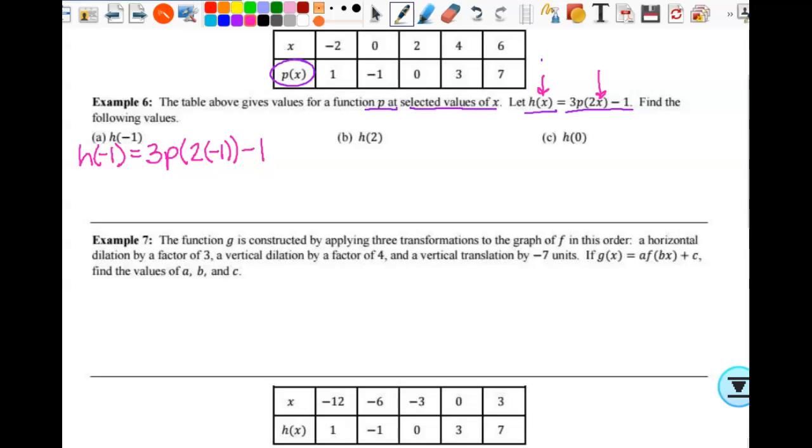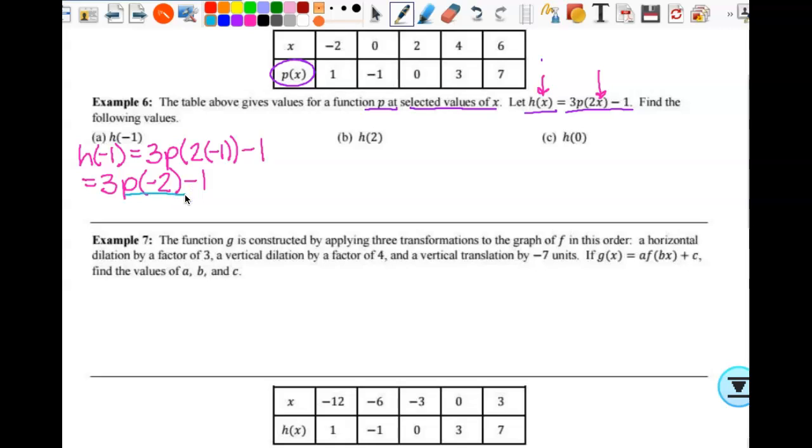So now, when I go to clean this up, can I multiply the 3 times the 2? No, that doesn't make any sense. So then I'm going to have 3 times p of negative 2 minus 1. Now can I multiply the 3 by the negative 2? No. Can I take the negative 2 and subtract 1? No, because p of negative 2 is a value.